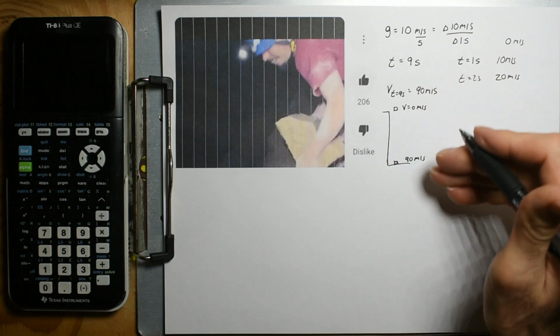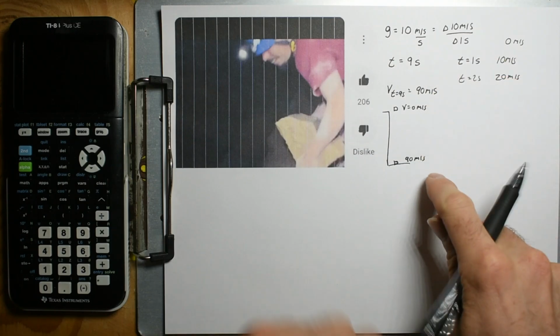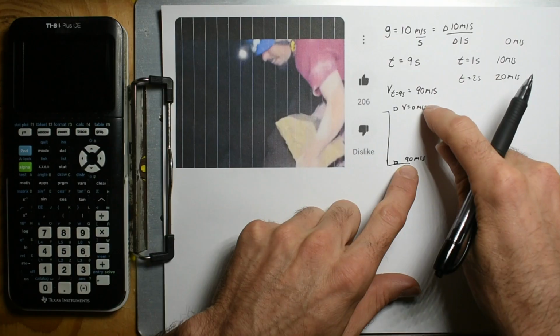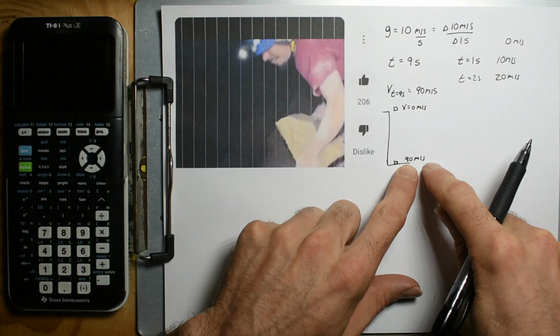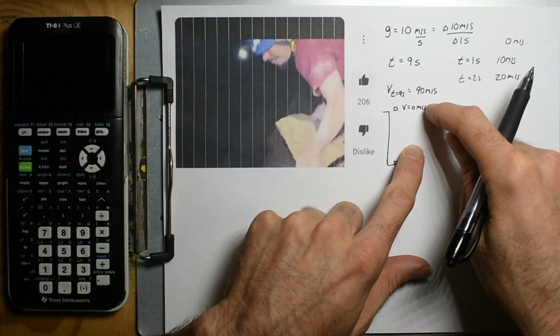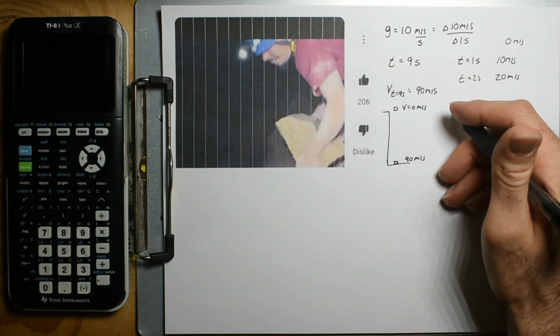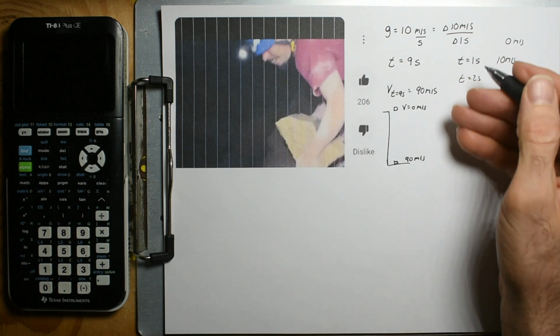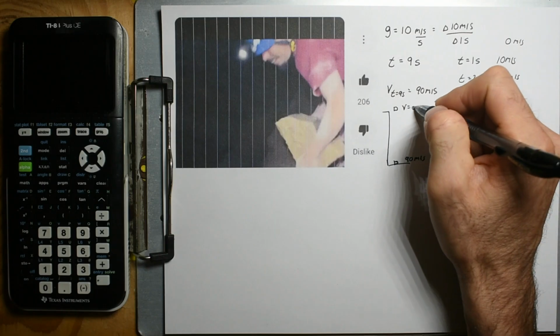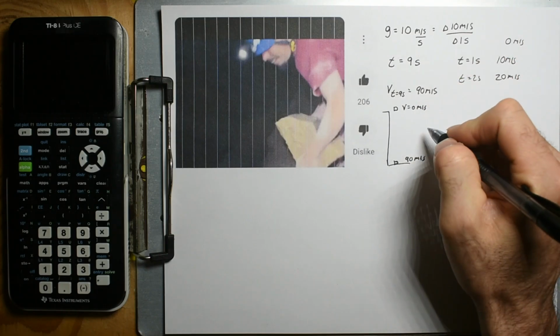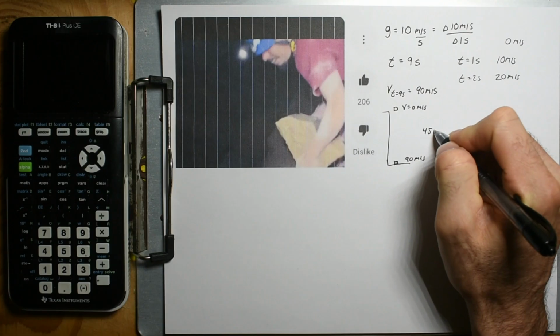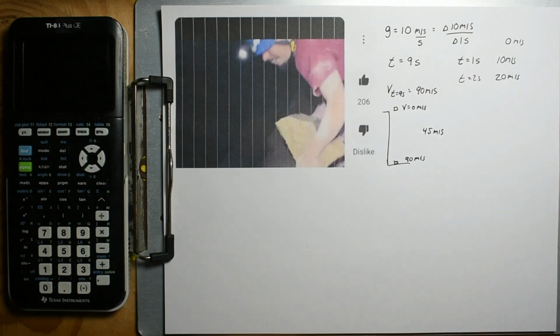So we need to find the average velocity, because we can't just use this 90. It's not going 90 meters per second the entire time. We can't use this 0, so you can also think of that as the halfway point. It's this plus this divided by 2, or especially if we start with the 0 velocity, it makes these real easy. We have an average speed of 45 meters per second.